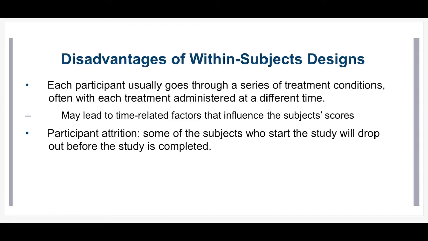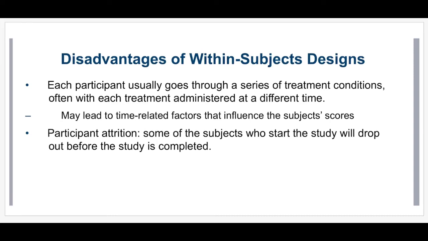Now, this is different than the differential attrition we talked about, where some participants might drop out of one group or the other, and it makes everything unbalanced. This is overall attrition, just participants dropping out of the study in general before it's completed. This obviously is a problem because it lowers the overall sample size, and more participants usually helps. And so lowering that sample size can be a problem.